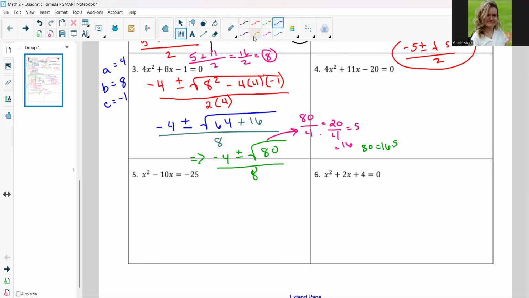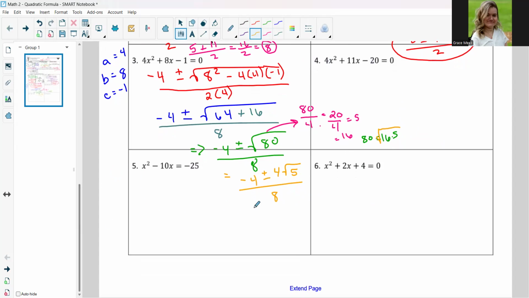So then here's what I'd have over here: negative 4 plus or minus. Now, if you take the square root of 16 times 5, I can pull out the 16 and make it 4 square root 5 divided by 8. If you left it here, you would probably get the majority of the points on a test or a quiz.